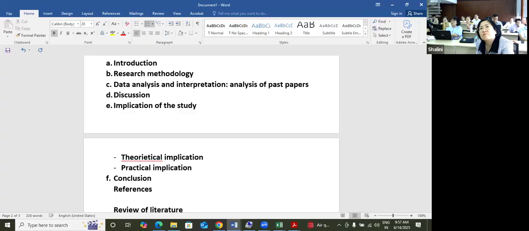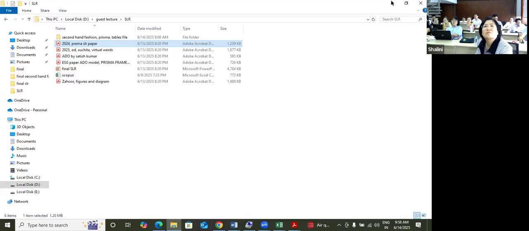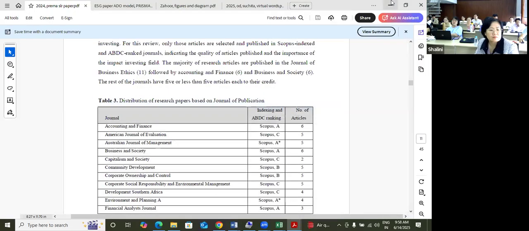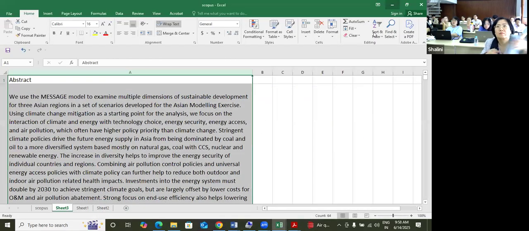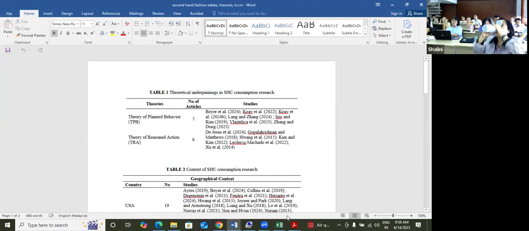In the qualitative paper, let me give you an example. Let me give you one example. Normally in a qualitative paper, let me take you to one of my papers. Let me close down some of the files that are not required.